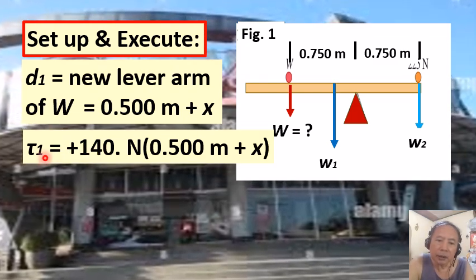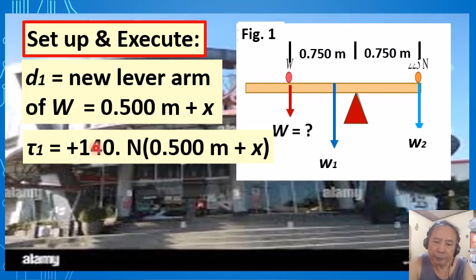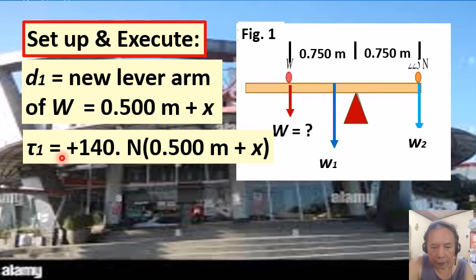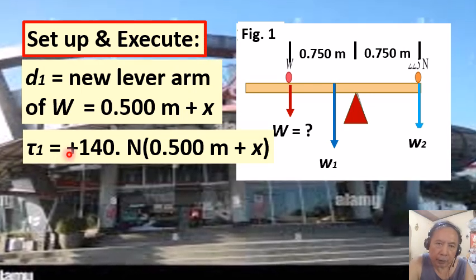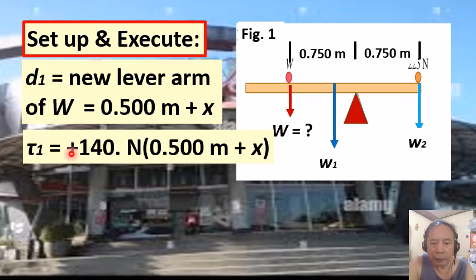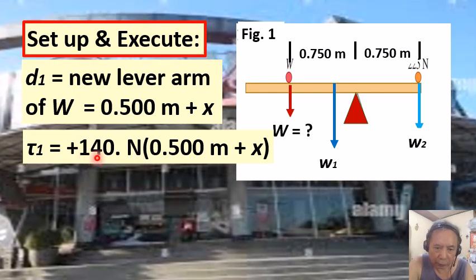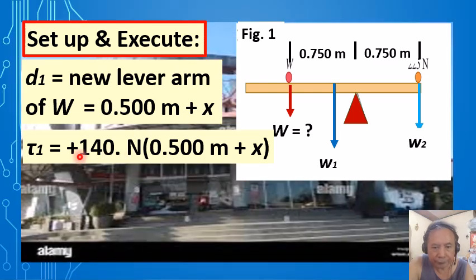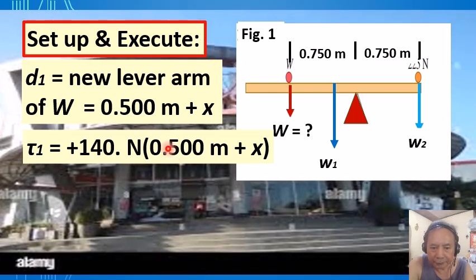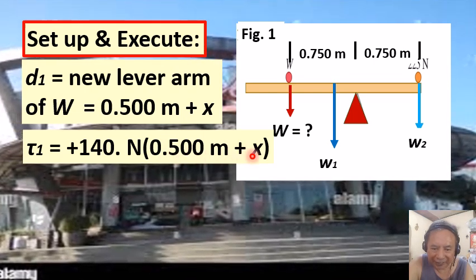And the expression for torque number 1 will now become the value of the unknown weight W, which is already computed as 140 point Newton, multiplied by the new lever arm, quantity 0.500 meter plus x.